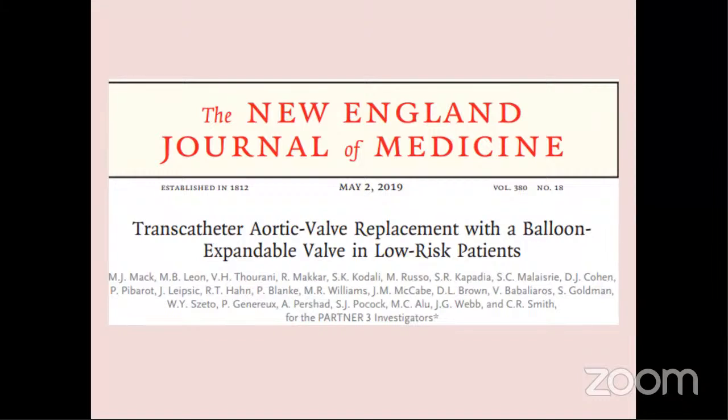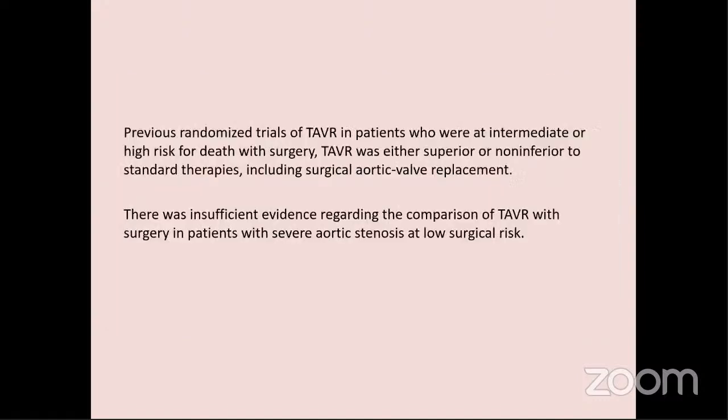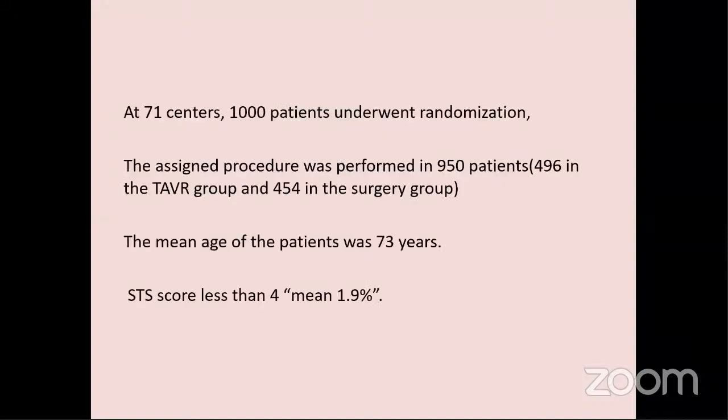That's what PARTNER 3 is about. In PARTNER 3, 1,000 patients were collected. The procedure was performed in 950. The mean age of the patients was 73, with a mean STS score of 1.9.